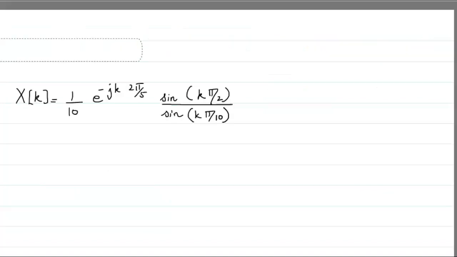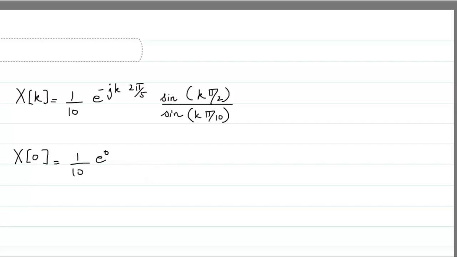So now if I want to find out x of 0, I will put the value 1 by 10 e raised to power 0, because k is equal to 0, so it becomes e raised to power 0. That should be 1, and then I am having sine of 0 divided by sine of 0, and we know that 0 divided by 0 is not solvable, so what we do is we use the L'Hospital's rule.